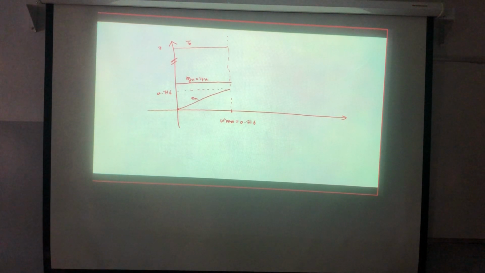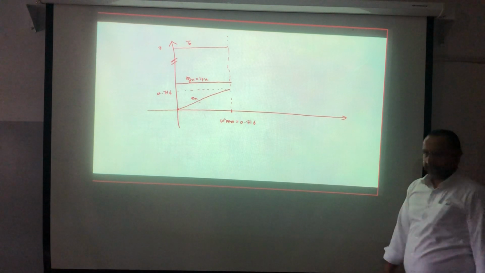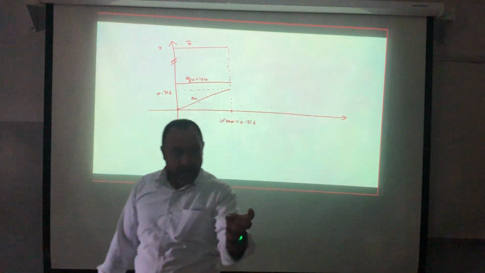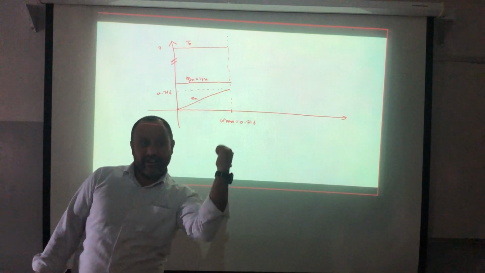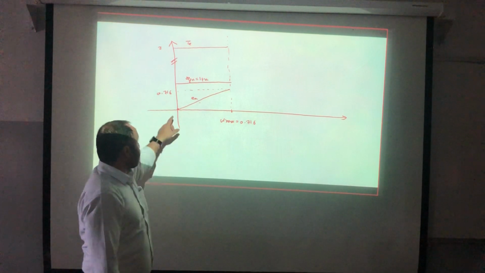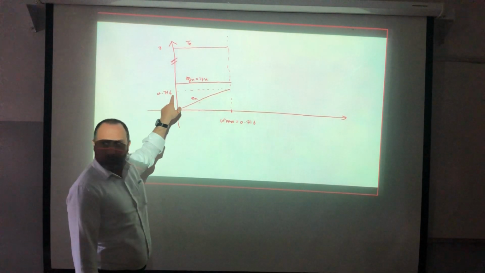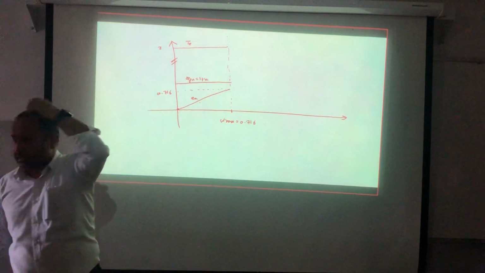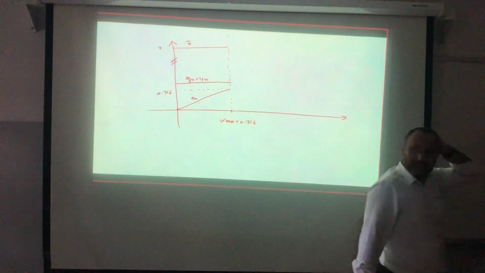All are normalized. The power developed equal to what? IA times EA, so it will be 3 times EA. So it will start from 0 and end where? At 2 point something. Can you calculate it?